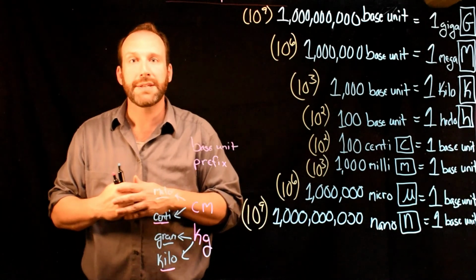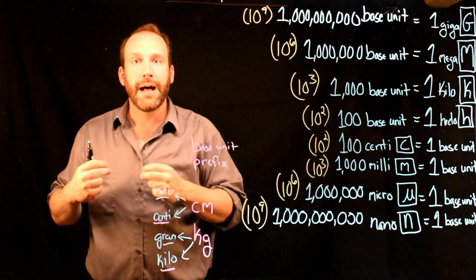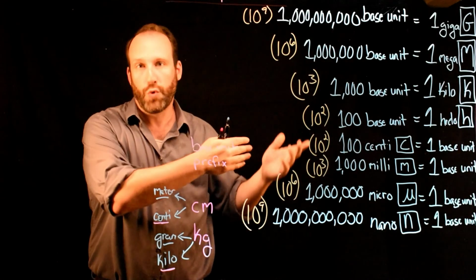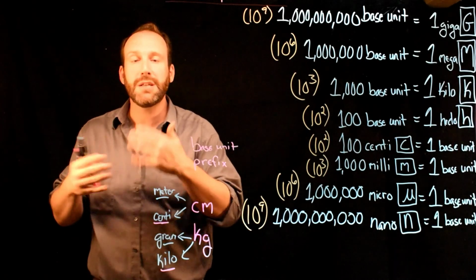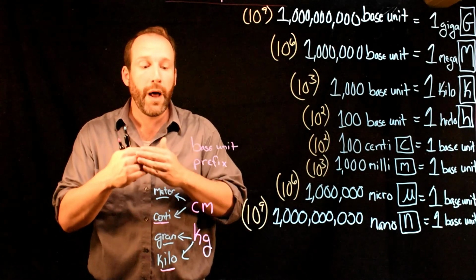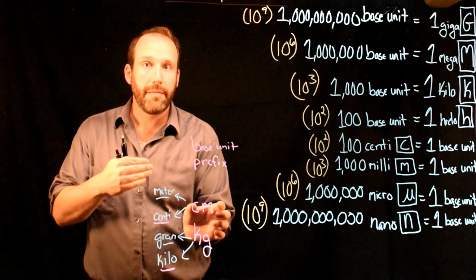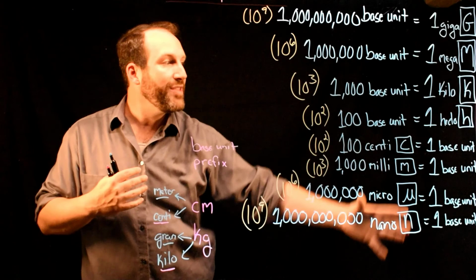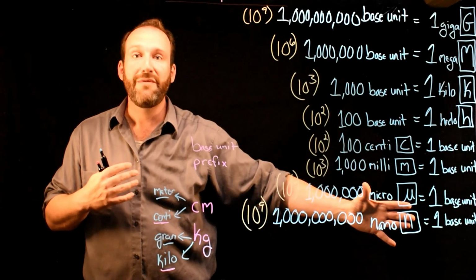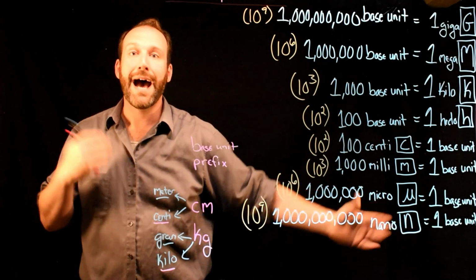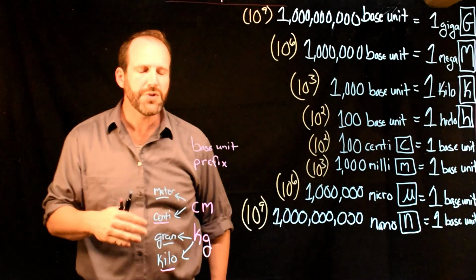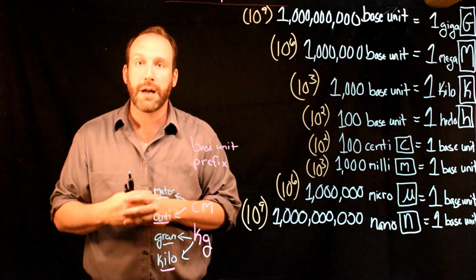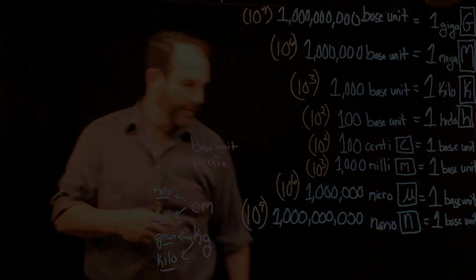Or, how many milligrams are there in 7.2 grams? Something like that. So we need to be able to convert from one measurement unit into some other measurement unit by keeping these prefixes and abbreviations in our mind. Okay, so let me erase some of this on the board, and then we'll try a couple example problems.